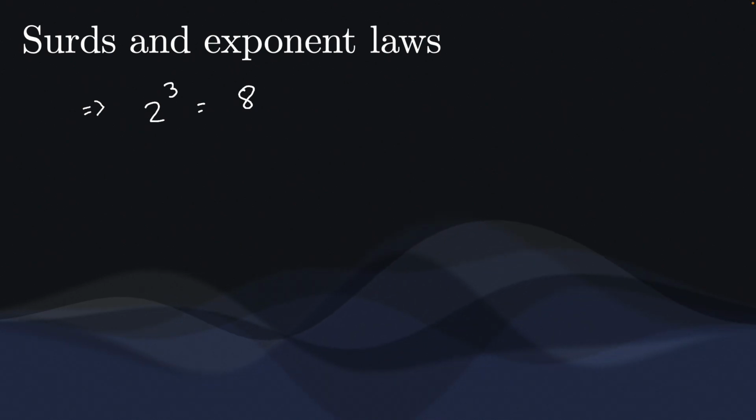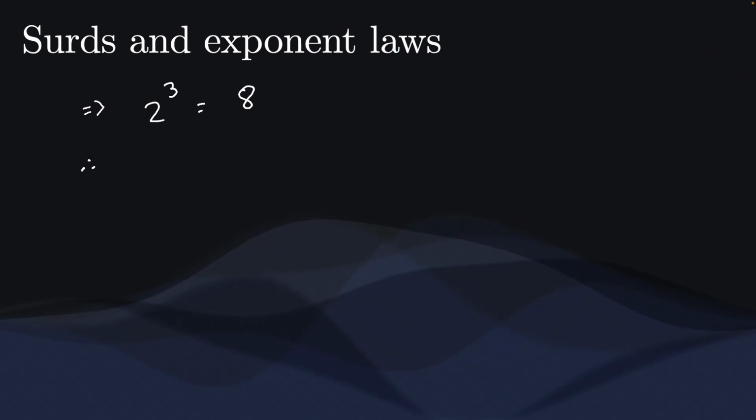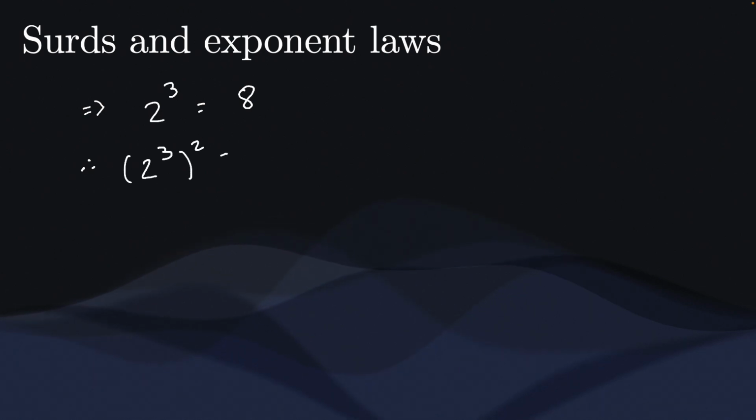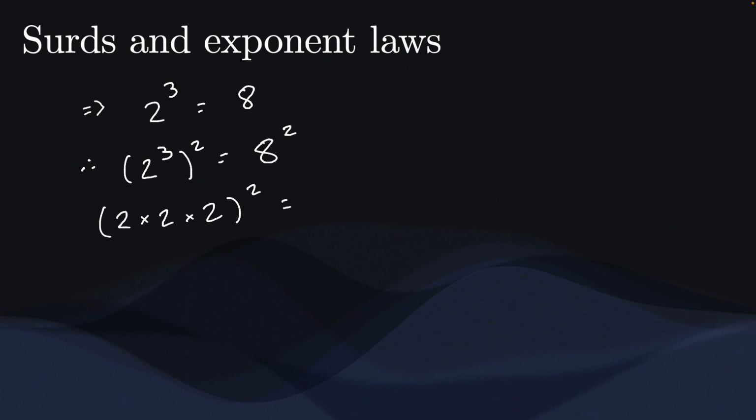Now, what happens if we want to square 8? Then we have to do 2 to the 3 squared, which is equal to 8 squared. And what's 2 to the 3? Well, 2 to the 3, remember, we just said is 2 times 2 times 2, right? So we have 2 times 2 times 2, and then that squared. It's equal to 8 squared.